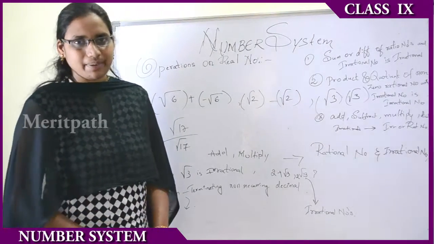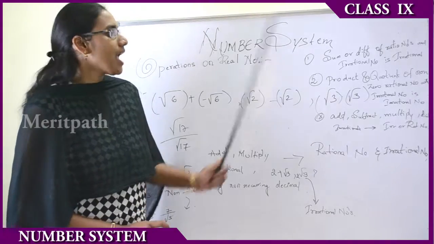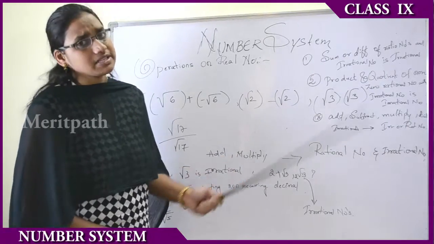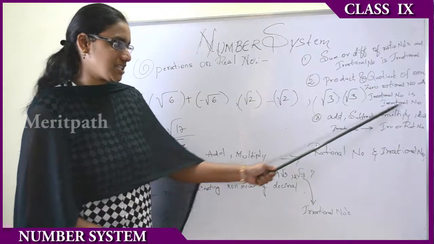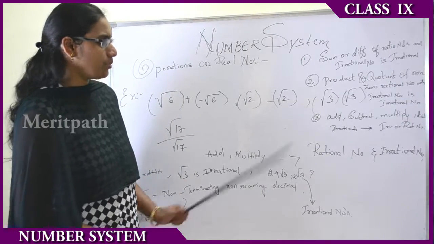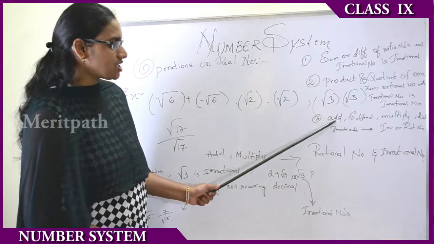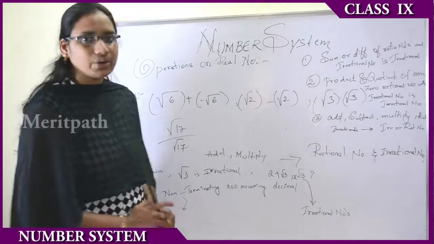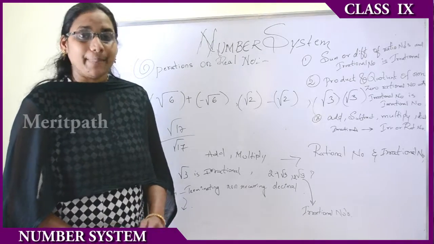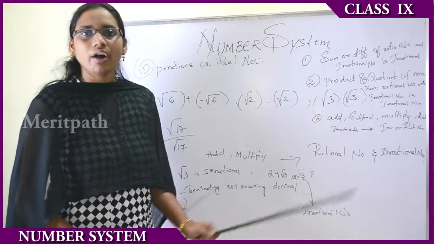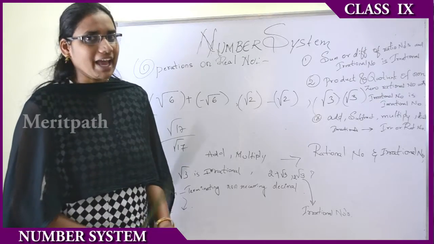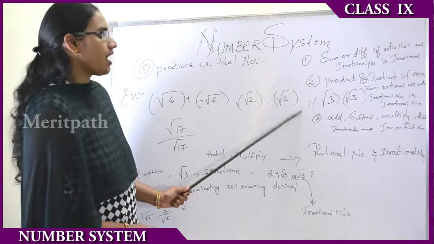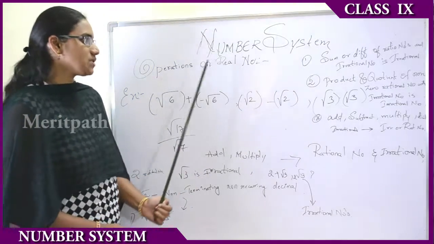Whatever the operation, addition, subtraction, multiplication or quotient, on one rational and one irrational number, the result is always irrational. The third point is that addition, subtraction, multiplication and division of two irrational numbers may be either a rational or an irrational number. Thus, these 3 points are analyzed from the operations on real numbers.